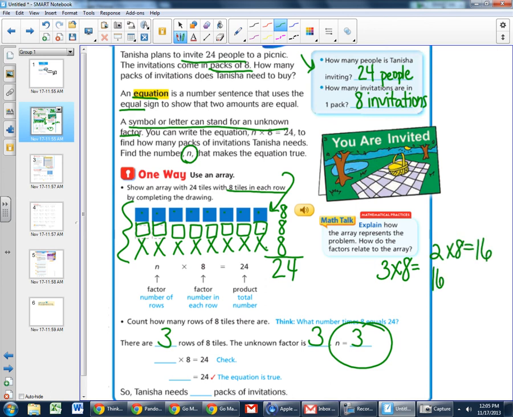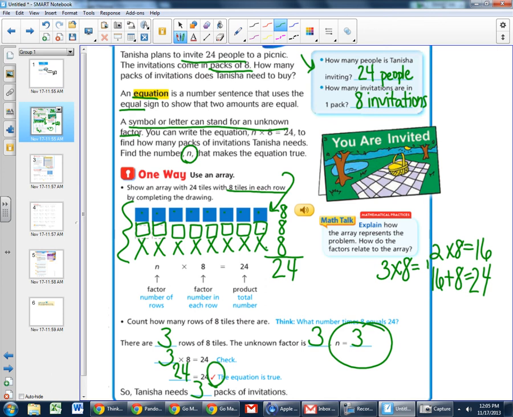So 16 plus another 8 is 24. So we know that 3 times 8 is 24. So yes, our equation 24 does equal 24 when we checked it. So we know that she needs 3 packs of invitations.